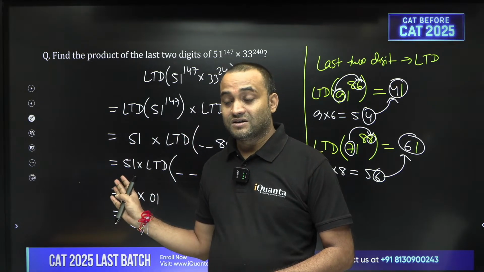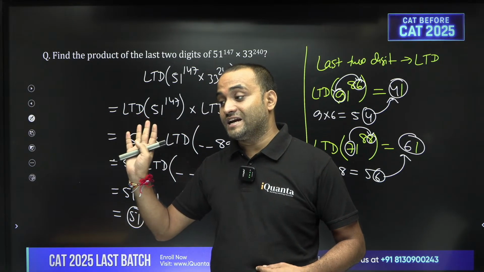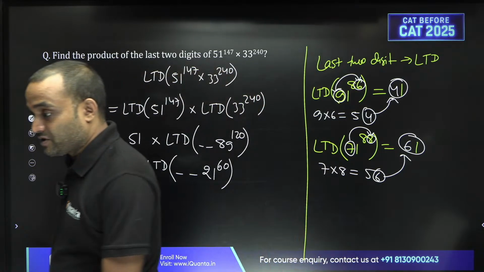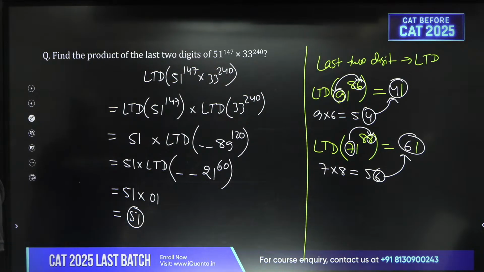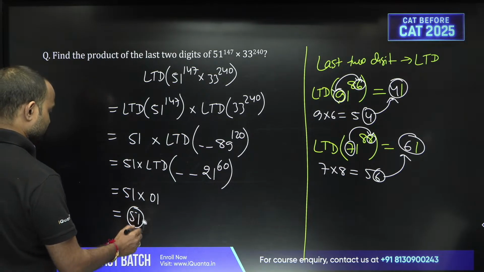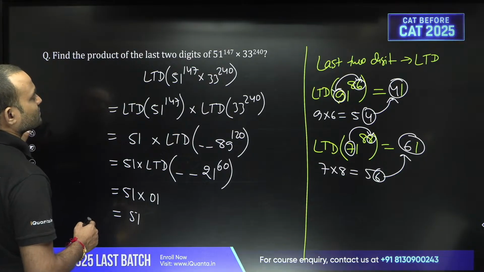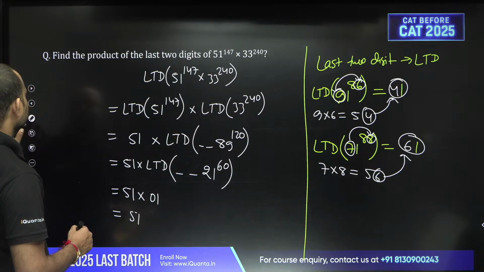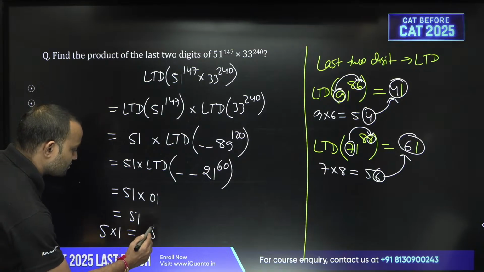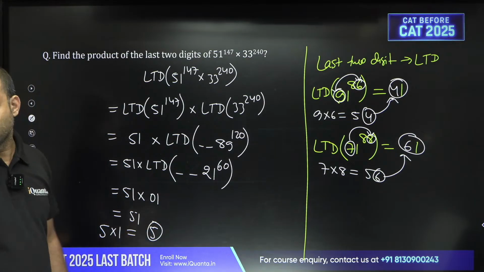Using that, you can find last two digits of any numbers, है ना? 5 क्यों होगा? अच्छा, प्रोडक्ट चाहिए क्या? Find the product of last two digits of, हाँ ठीक है, फिर तो 5 into 1 is equal to 5. दिस विल बी द आंसर, करेक्ट है ना?